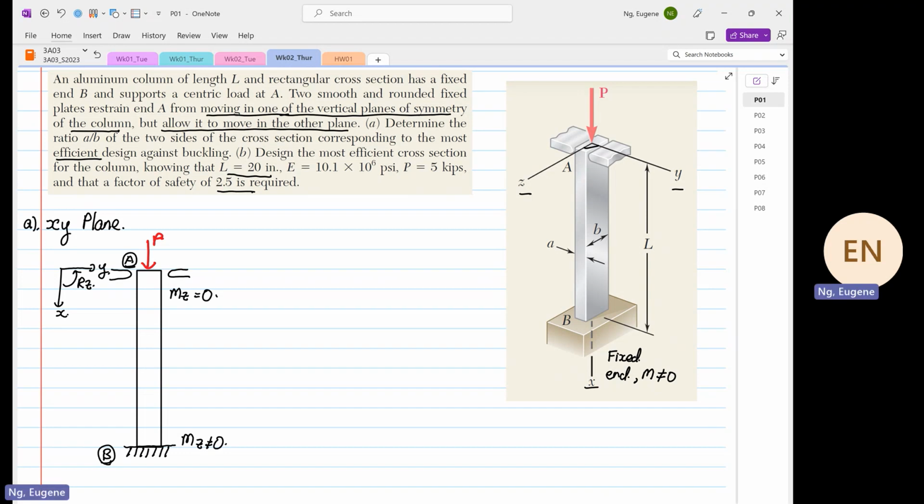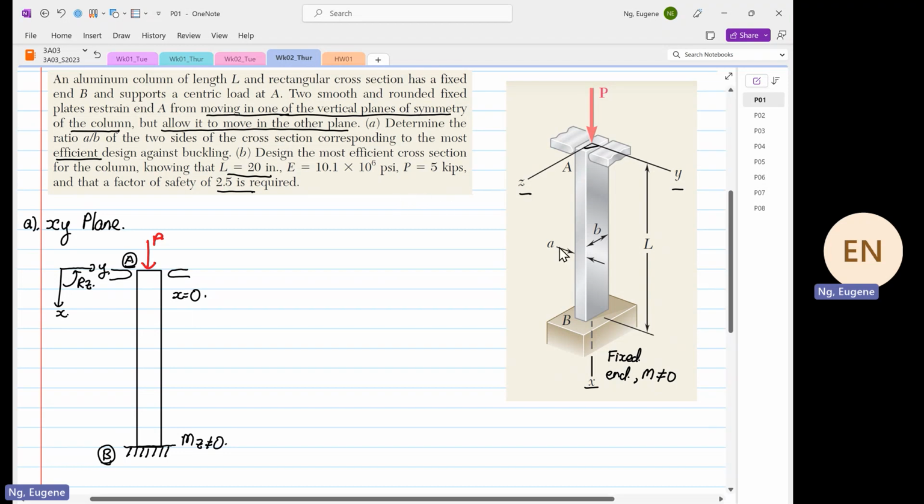Sorry, at B it's not 0, but at A it's also pinned. If we look over here, it's restricting its motion in the x direction, so x is equal to 0.